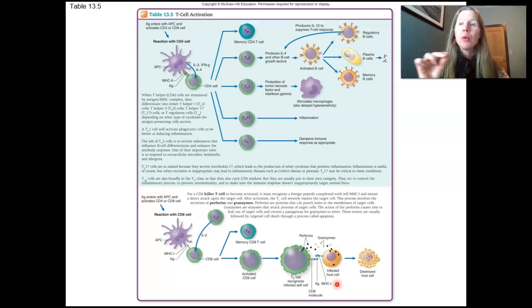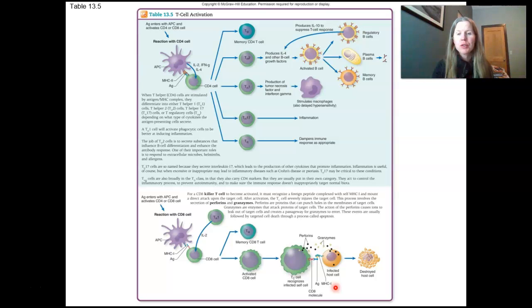Or if you have a mutation in the DNA of your cell, and you start making funky proteins before that cell can spread and become cancer, the cytotoxic T cell should recognize that protein isn't right. This isn't us.